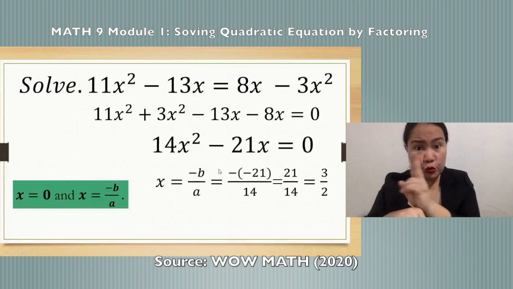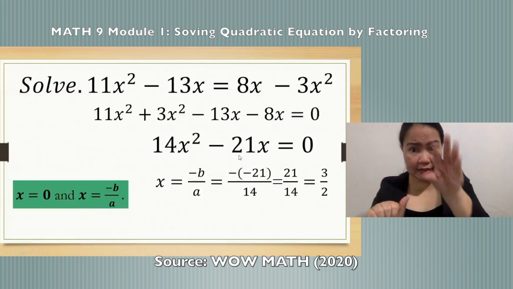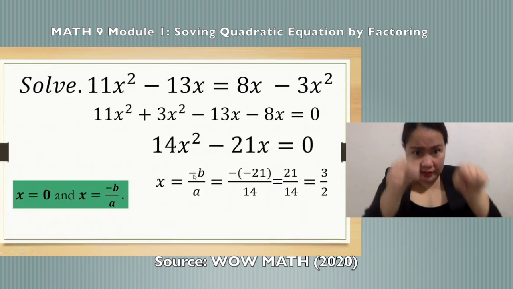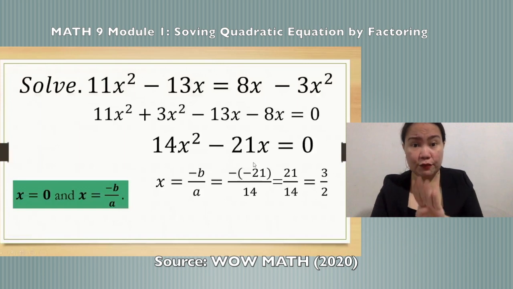So, gamit yung formula na yan, isa-substitute lang natin yung value ng b natin saka a. So, therefore, yung value ng b natin, negative 21. Again, nandyan na yung negative sign na yan, so hindi pwedeng ilagay nyo lang basta-basta dyan yung negative 21. So, lagyan natin ng open and close parenthesis.